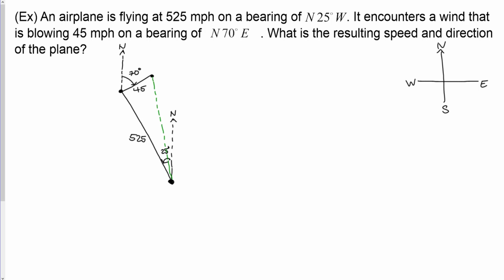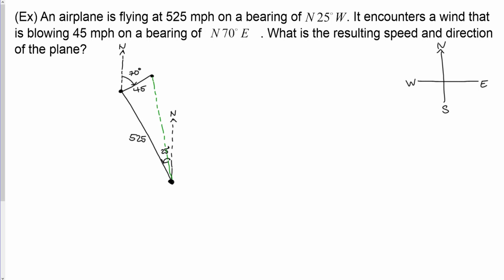Because the plane's trying to move north 25 degrees west, but it's being hit by a force of wind from 70 degrees, and so it's kind of pushing it more toward the east. So we want to figure out what the resulting direction is. We'll answer that direction as a bearing, and we want to know what the resulting speed is. So let's see what we can do.